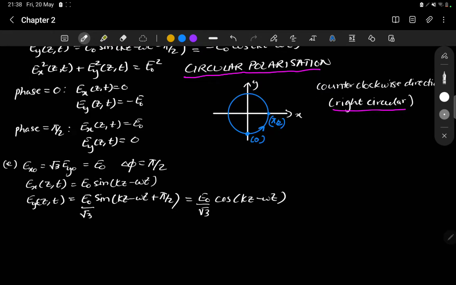Now let us see this. In this case we have Ex squared plus 3 times Ey squared. If we do, then this is equal to 1.